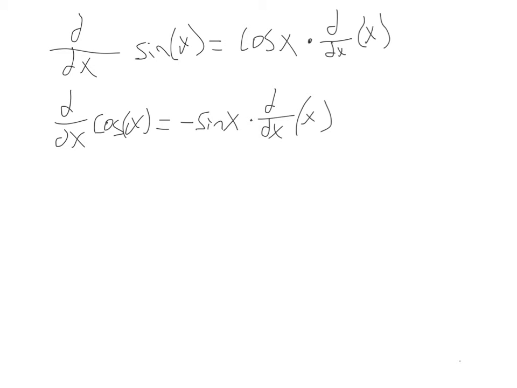We've now got the derivatives for sine and cosine. Let's look at the other four. The derivative of tangent. We all know that tangent is sine over cosine.